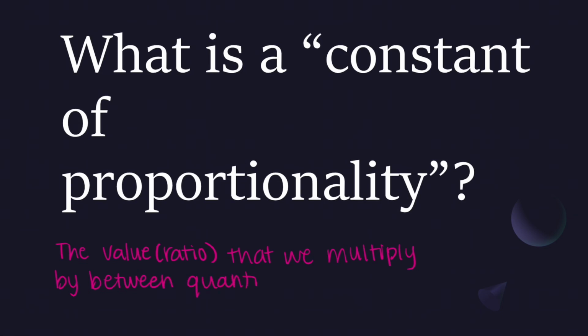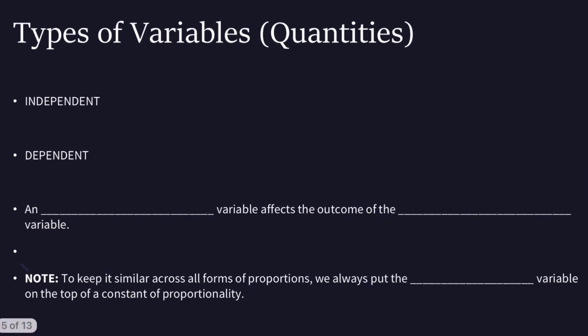And another way you can think about this, and this is why I said you needed to know what a unit rate was, it's just another word for unit rate, because it's basically saying it's a ratio. A constant of proportionality is a ratio at its core. It's just comparing two things, and it's the unit rate because it means that the denominator is 1. We're just comparing one thing at a time.